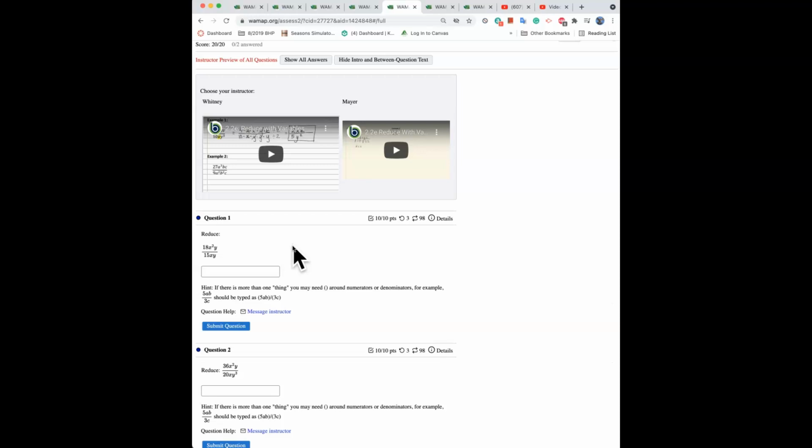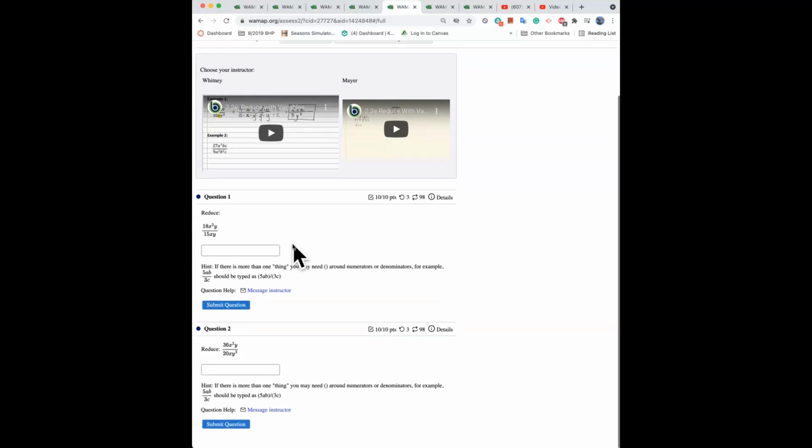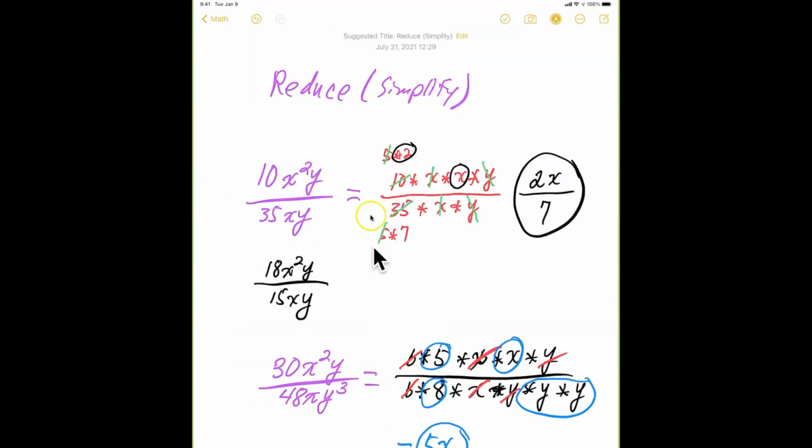Now, if you are alert, I'll take you back to my WAMAP, my tablet. So can you see how these are similar? We have a number. We have the square of x. We have y. And then a number. And then we have x and y. And the xy part is repeated here. And x squared y is repeated.